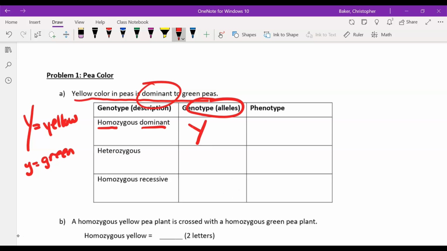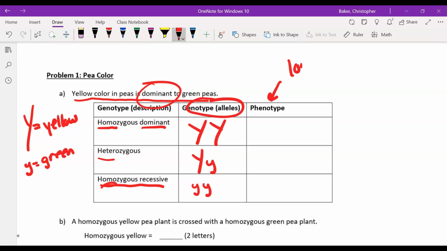So dominant is capital Y, but it's homozygous, so it's 2 of them. Whereas this one is homozygous recessive, so you're going to get 2 little y's. Heterozygous, hetero means different. So 1 big, 1 little.